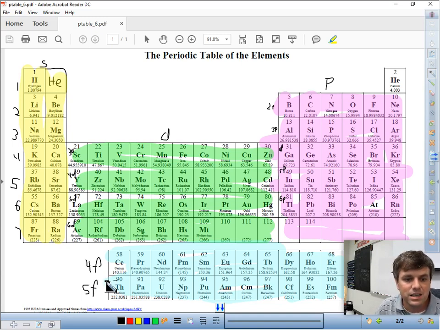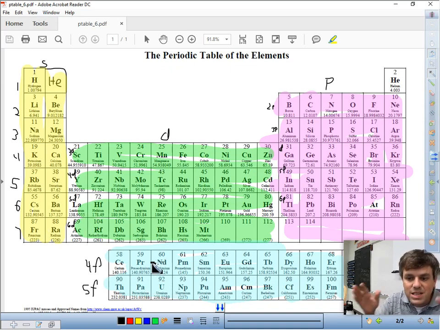Something else that may not seem super obvious is where these elements down here at the bottom fit in. But this row of elements 58 through 71 slide in right between lanthanum and hafnium. And this bottom row down here, elements 90 through 103, they would slot in between actinium and rutherfordium.